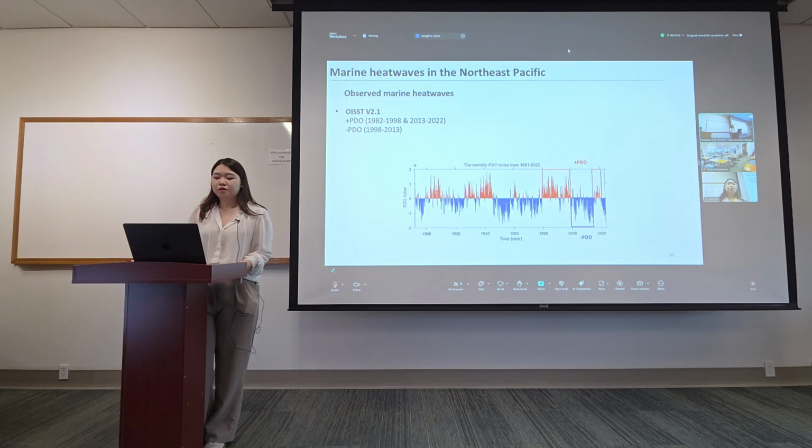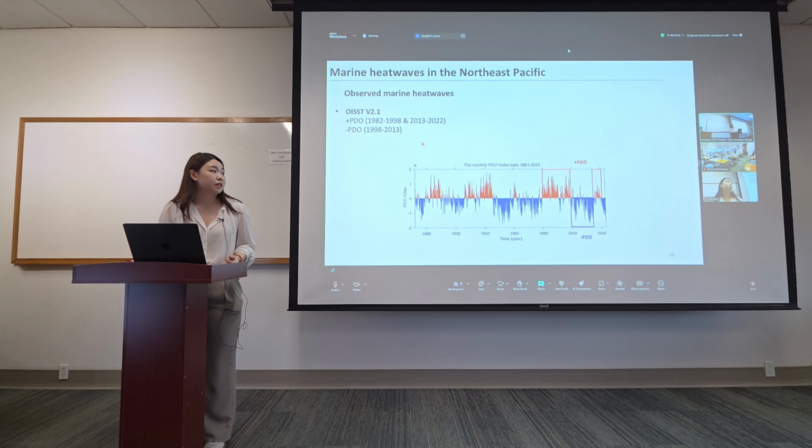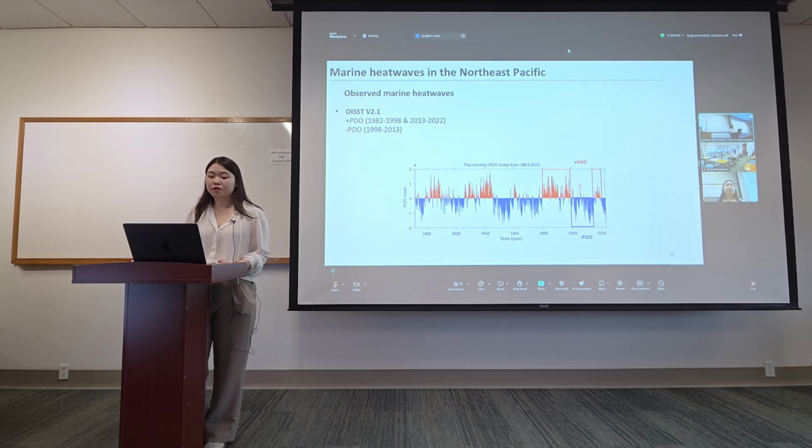To answer this question, we first start from the OISST version 2.1 observations, and we use the daily SST output. We choose two different positive PDO periods, 1982 to 1998 and 2013 to 2022, and also one negative PDO period, 1998 to 2013.